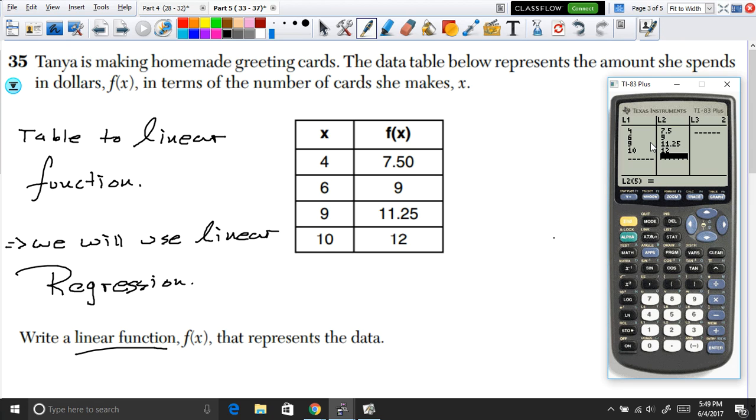So now that we have put the values in the calculator, we're going to hit stats again. But this time we're going to go under the calculation option, and we're going to hit option 4. That says linear regression. Cool. We're going to press enter, and you're going to press enter one more time.